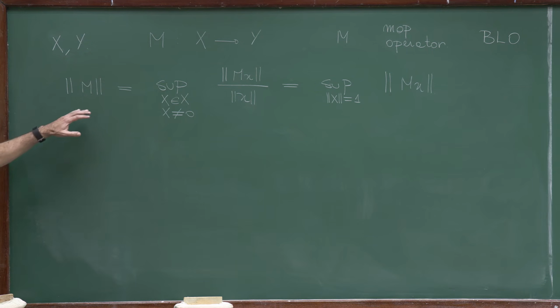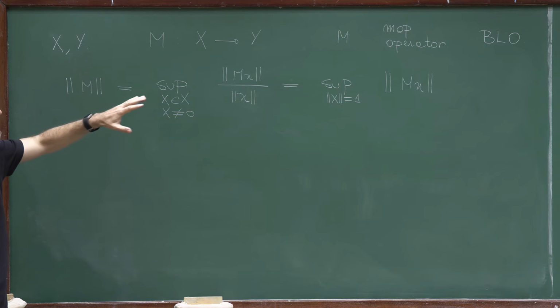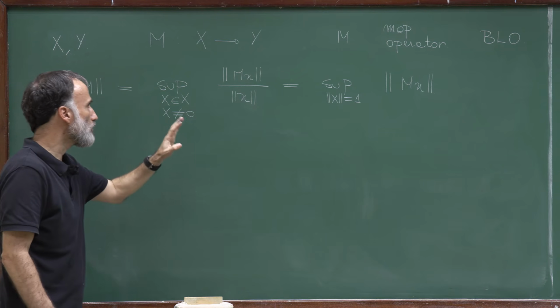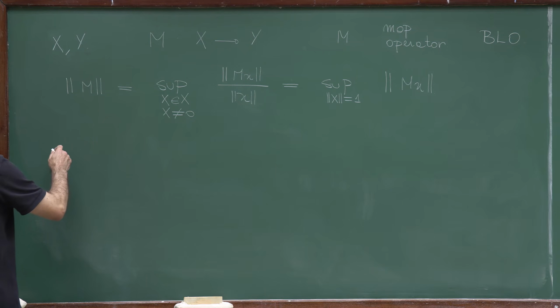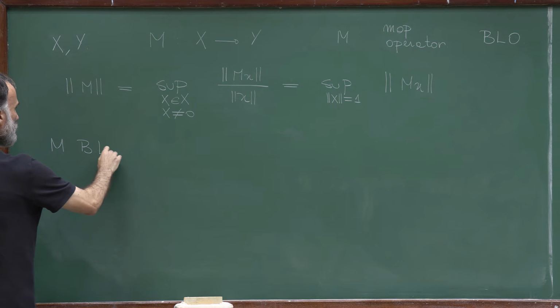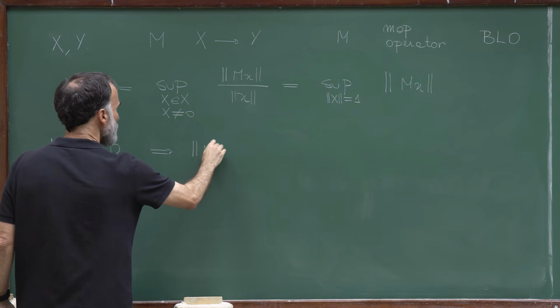So I will prove in a few minutes that this defines a norm in the space of bounded linear operators from x to y. But before that, I want to show you the following. Suppose that M is a bounded linear operator, then its norm is finite.